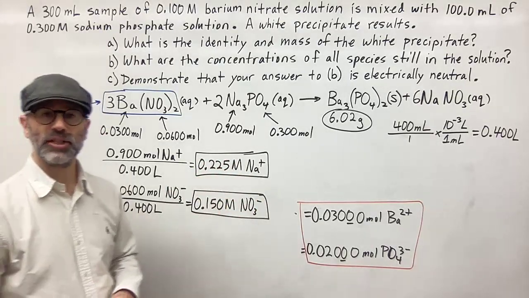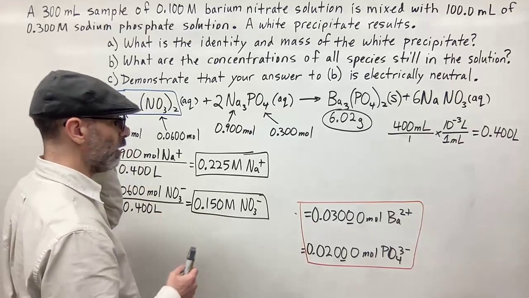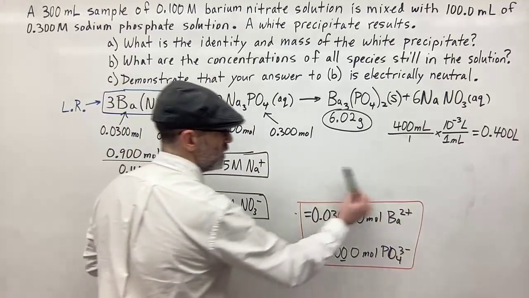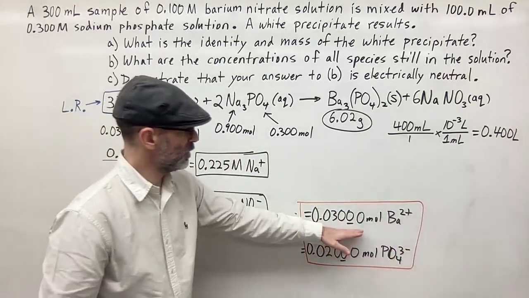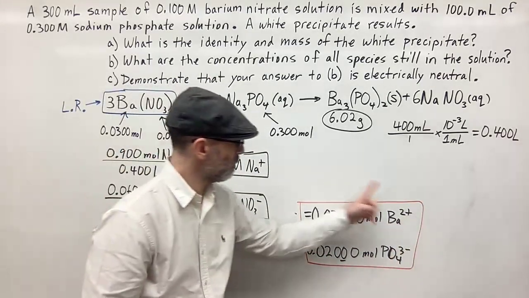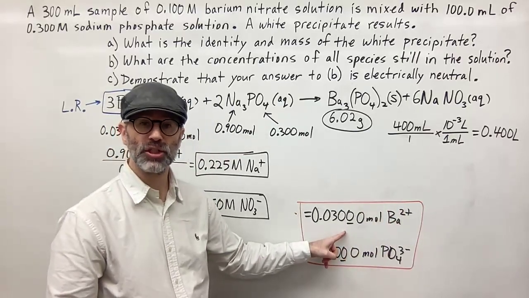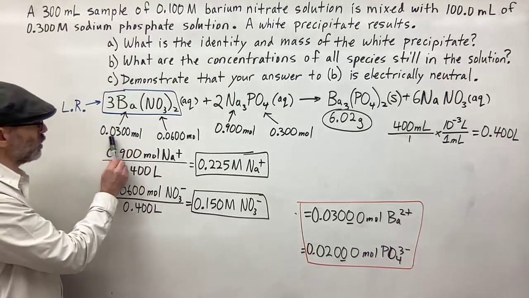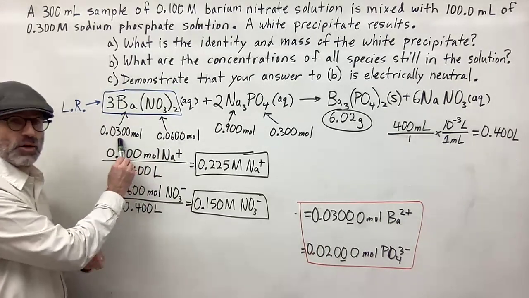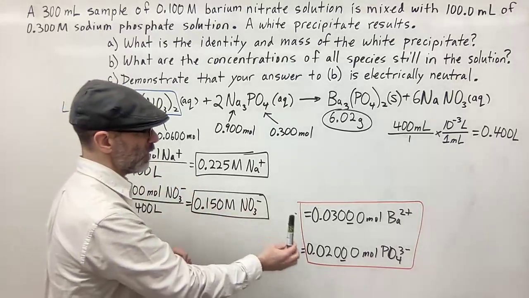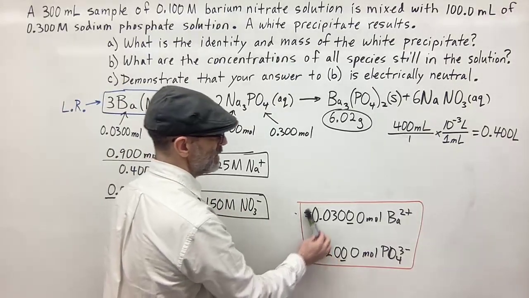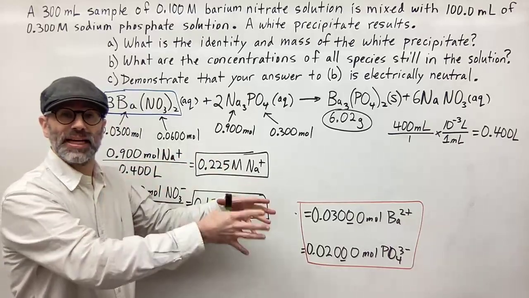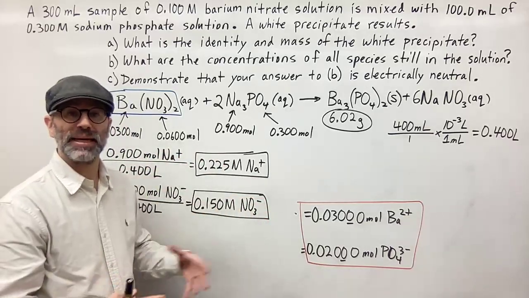Now we need to get the concentration of the other two. However, some of the barium was taken up into the precipitate. So this amount we have to subtract from our original amount. What was our original amount? Our original amount was 0.0300 moles. That's what we started with. And the amount that ended up in our precipitate is the same amount, which means that all of our barium was incorporated into the precipitate.